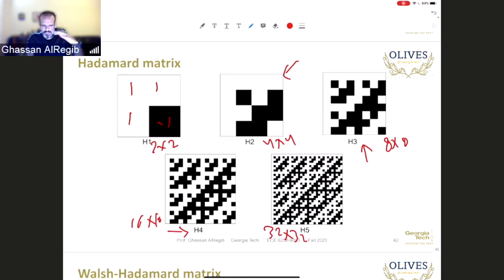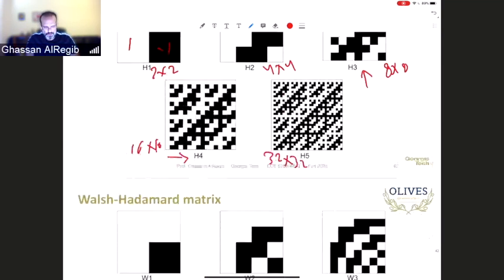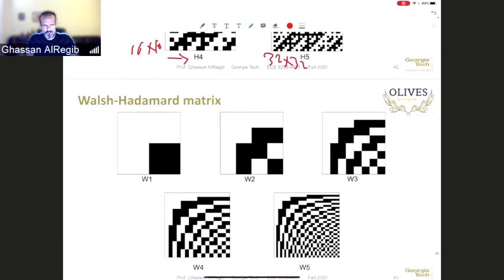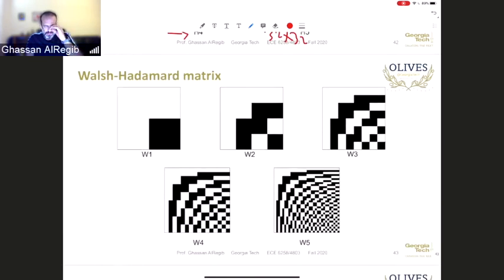If I take the same H1, H2, H3, H4, within each H, I reorder based on the number of sign changes in every row. Then this is how the Walsh-Hadamard looks. So I'm reordering things to really have the detail. There's a correspondence between the level of the detail and the number of frequency changes in both directions, horizontal and vertical.